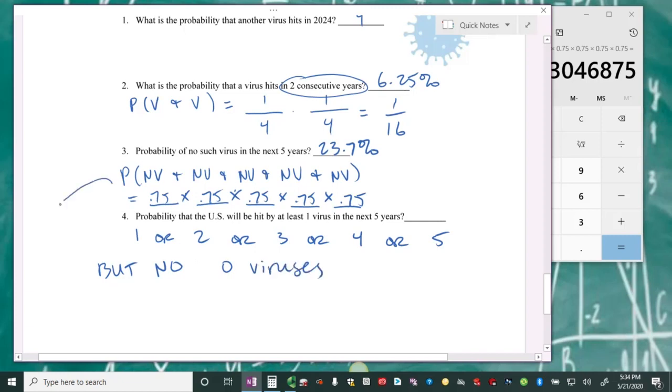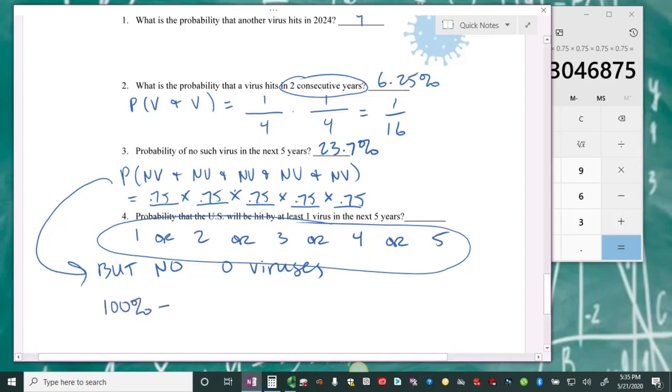We've already done the probability for 0 viruses. So the case that I'm looking for at least includes all of those cases. So instead I'm going to use this opposite idea, and I'm going to take 100%. And I'm going to subtract the only case that I don't want. I do want to include the case for 1, for 2, for 3 years, for 4 years, or for 5 years. But I want to take out the case for no viruses.